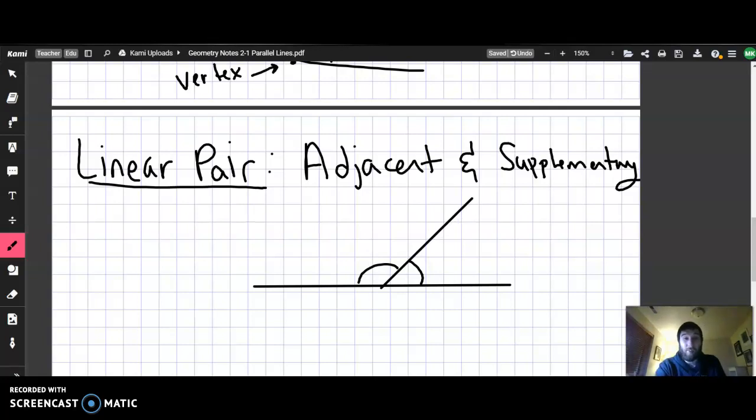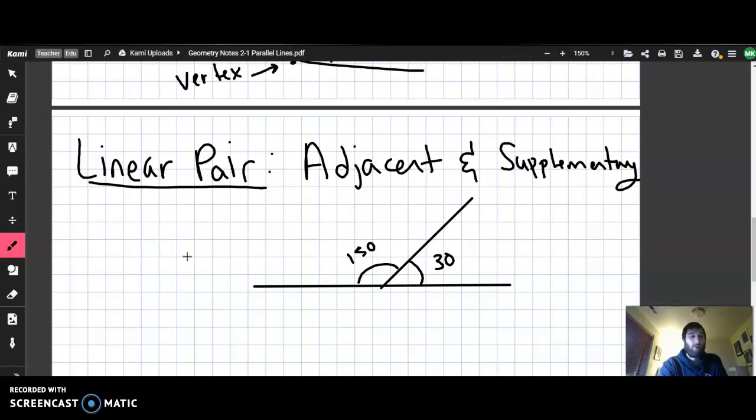If I just pick a favorite number, let's call this 30, so that means this is 150. That angle relationship is a linear pair, which means it's adjacent and supplementary. All three of those words apply because adjacent and supplementary means linear pair. When you talk to other math people about angle relationships, you only need to say linear pair because it means the other two things.